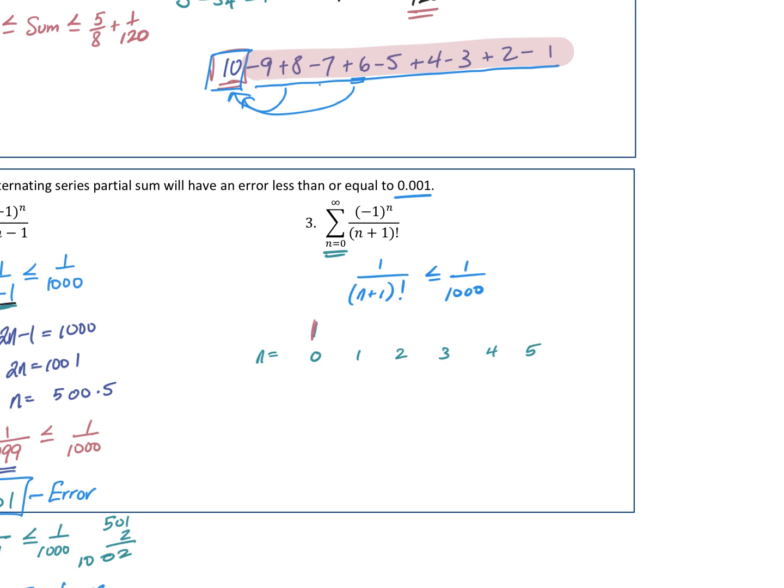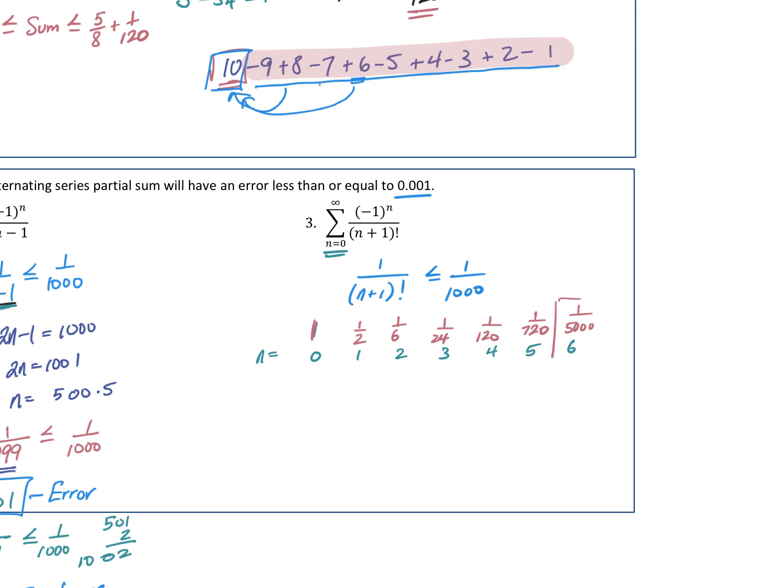So when I plug in 1, I get 1/2. When I plug in 2, I get 1 over 6. When I plug in 3, I get 1 over 24. 4 is 1 over 120. 5 is 1 over 720. And then n equals 6, I get 1 over 5,040.